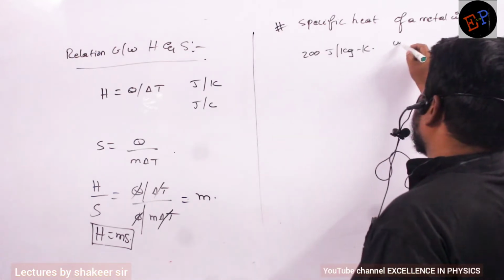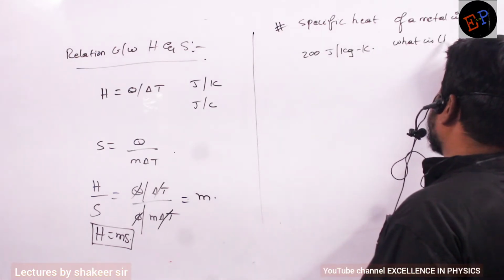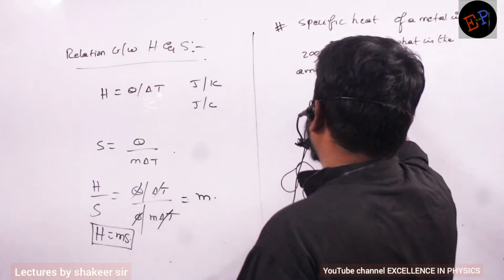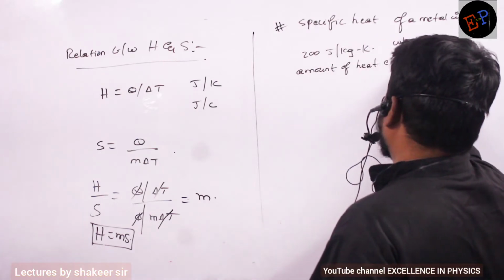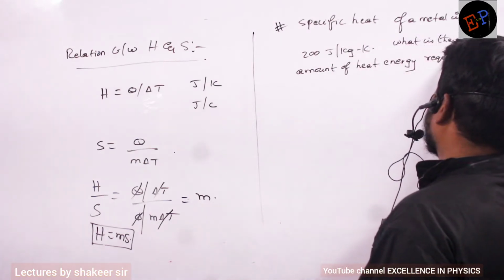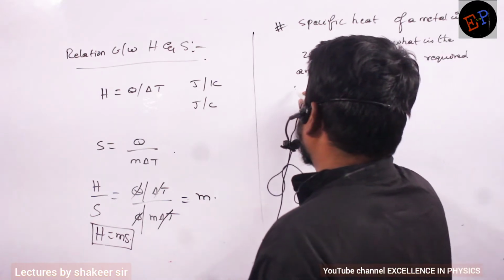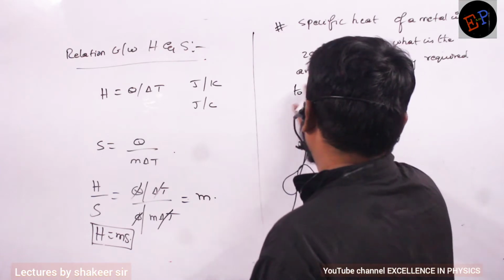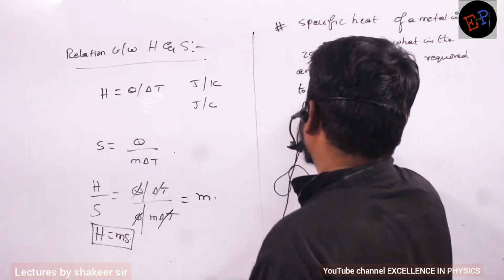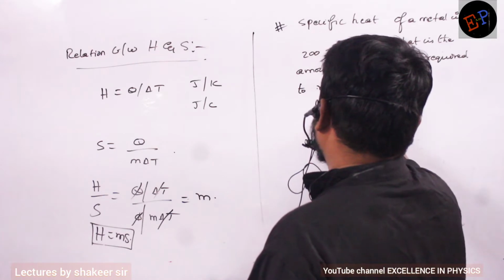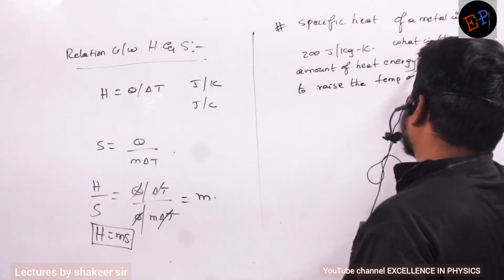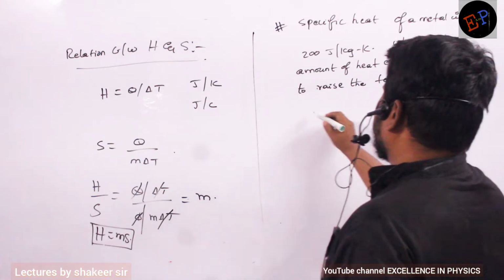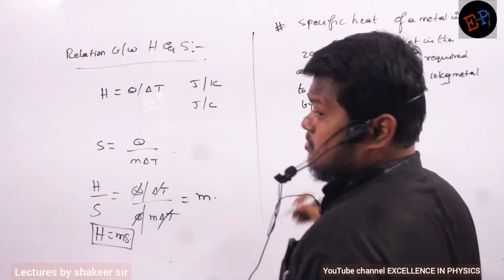What is the amount of heat energy required to heat, or to raise the temperature of, 10 kg metal by 1 degree Celsius?